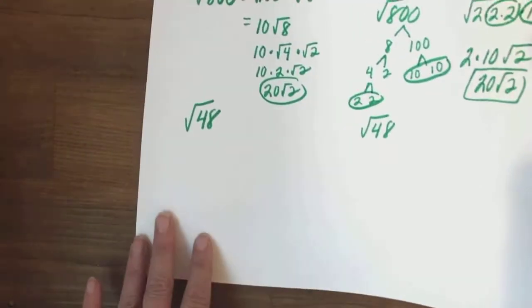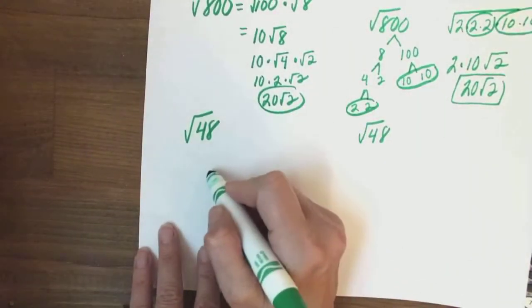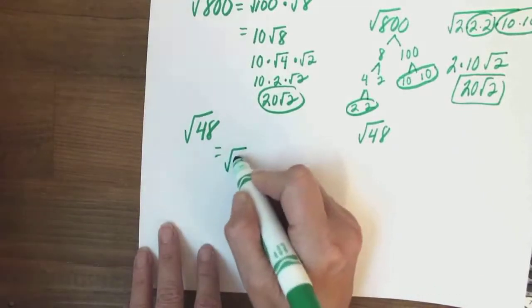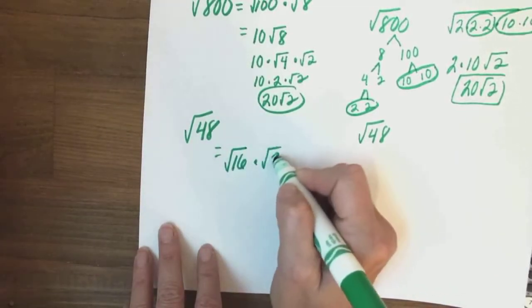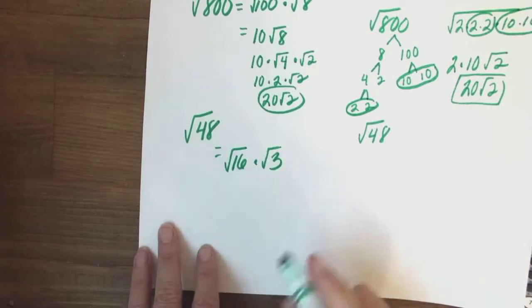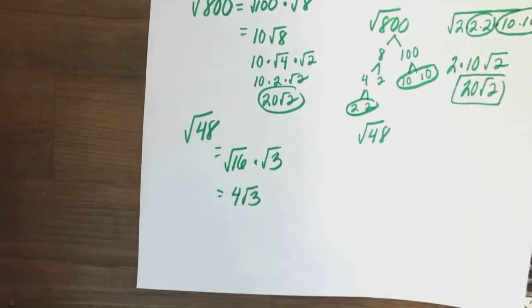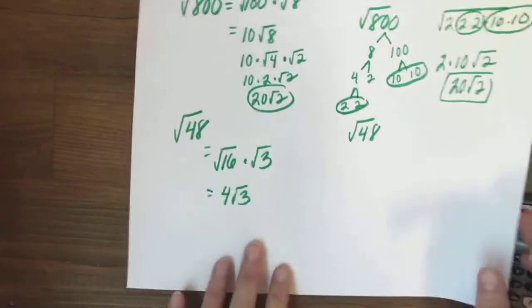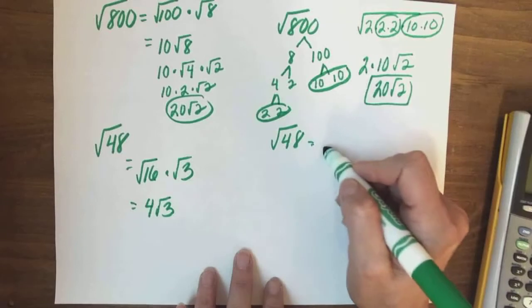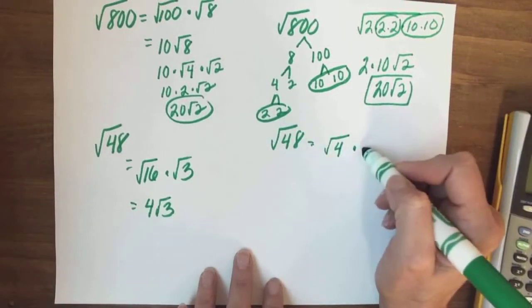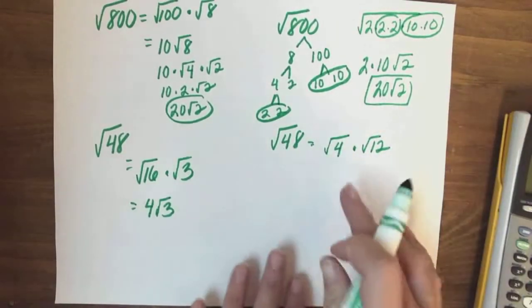Now let's go to 48. The best combination for that one, I personally think, is 16 times 3 to get 48. And the square root of 16 is 4. Let's say you didn't realize that 16 goes into it evenly, and you did 4 and 12. You're still okay.